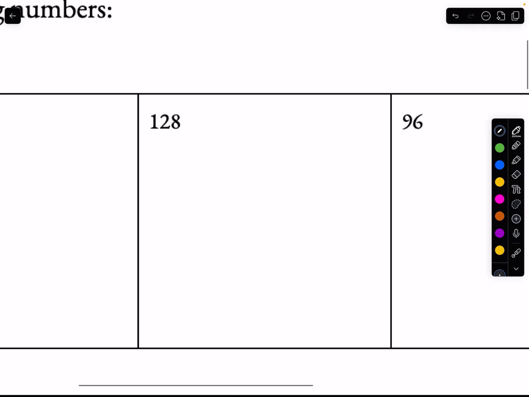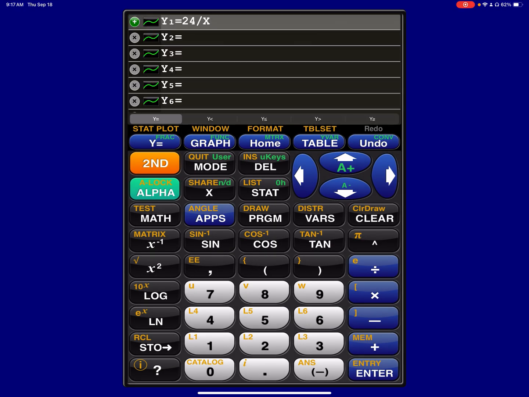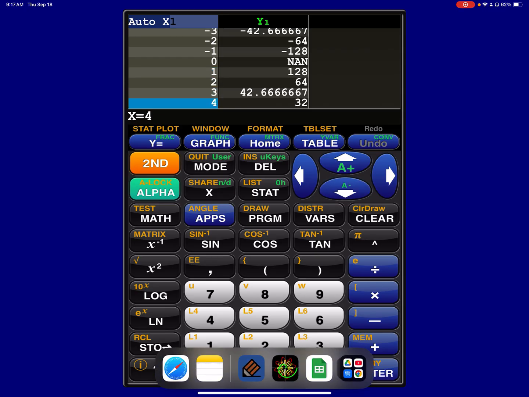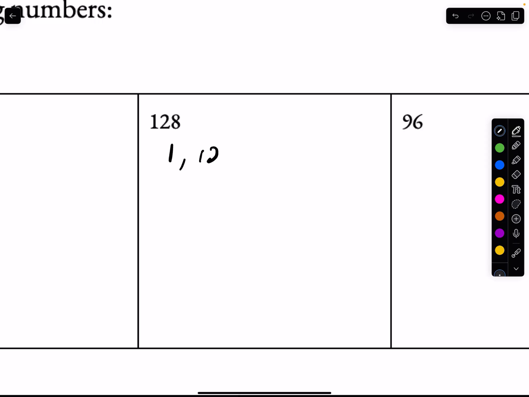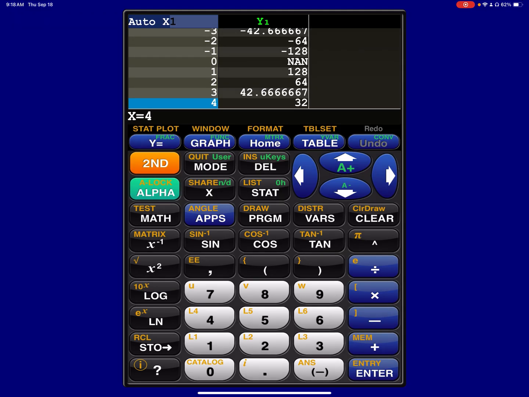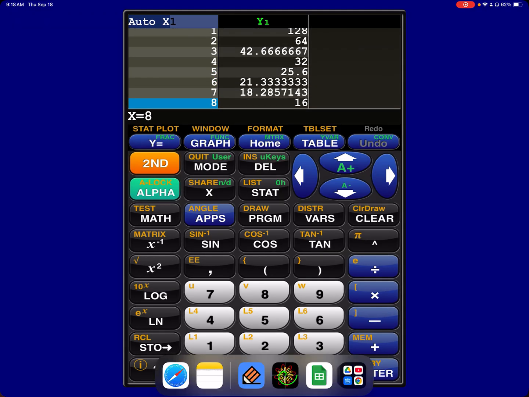So again, let's try the factor pairs of 128. I'll go back to y equals and type in 128 divided by x. Go over to your table and check it out, and you're going to see 1 and 128, 2 and 64, 4 and 32, and then 8 and 16.